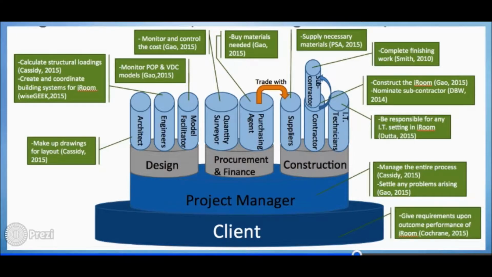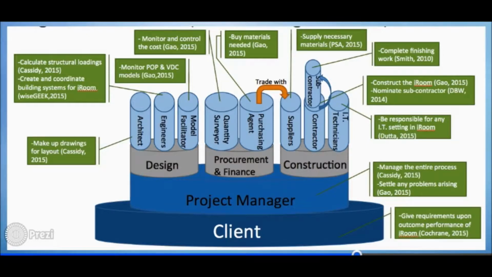We can see that the client is at the bottom because they are the one who financially supports and initiates the building project. They also give their requirements to the project manager. The project manager, who is appointed by the client directly, will coordinate and manage all other stakeholders like the architect, engineers, model facilitator, etc. There are some interactions among the stakeholders themselves too.